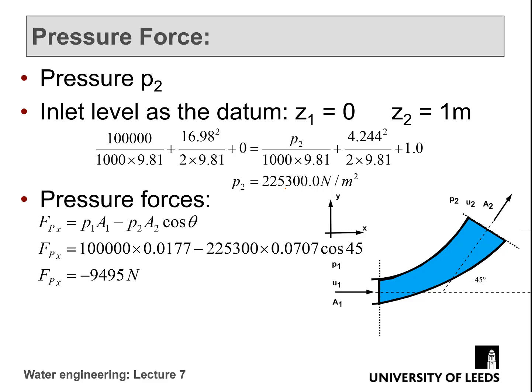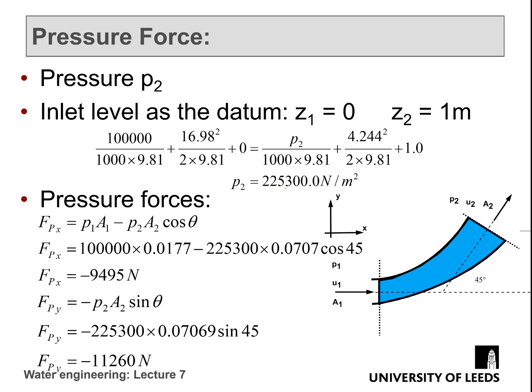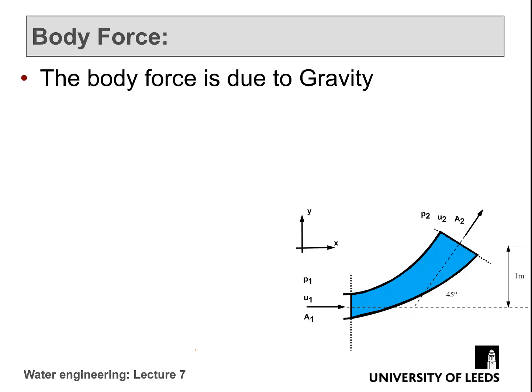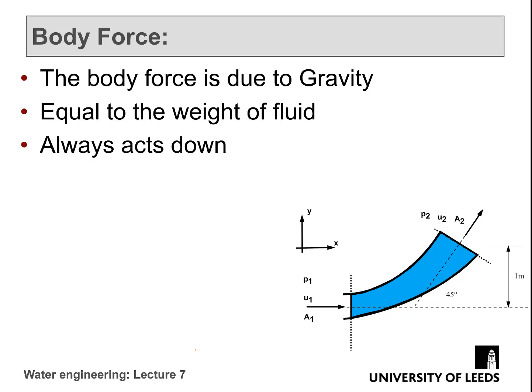So the pressure forces, we put the numbers in those two formulas from the previous slide: minus 9,495 in the x direction, minus 11,260 in the y direction. So here are the significant numbers we're going to use. The body force is just the weight of the fluid, the force due to gravity. It always acts down, so it's going to be in the negative y direction.